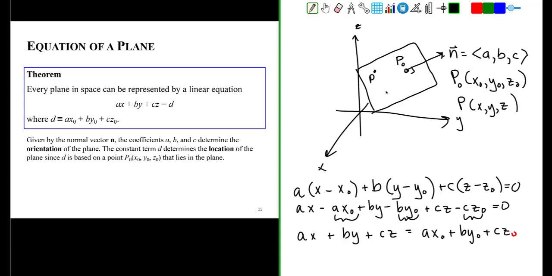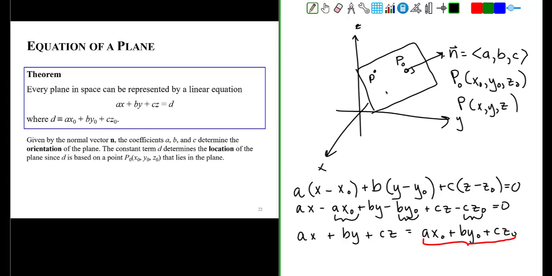This expression on the right side is just a constant. This constant is the sum of the products of the components of the normal vector and the coordinates of our known point in the plane.